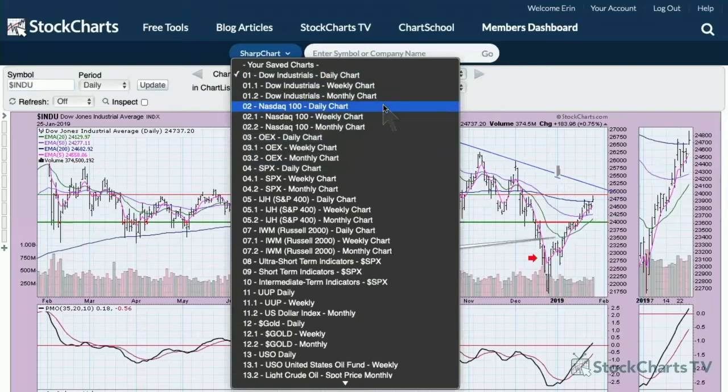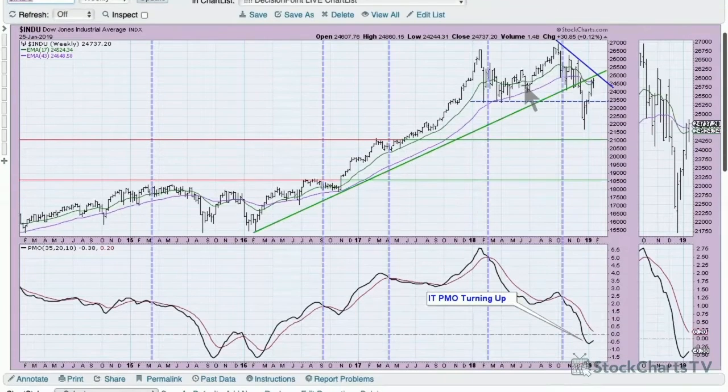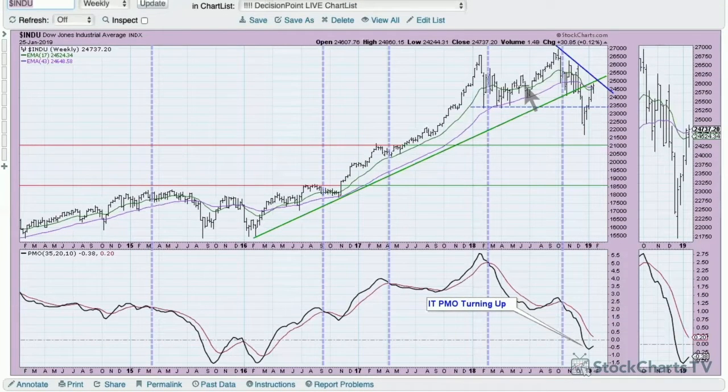They didn't get that little breakout that we saw in the Dow. But the Dow is a little bit unique in that it is, of course, only 30 stocks, and so if one of them has a particularly good day, it's a little more sensitive to those moves. So I'm not totally surprised to see that.